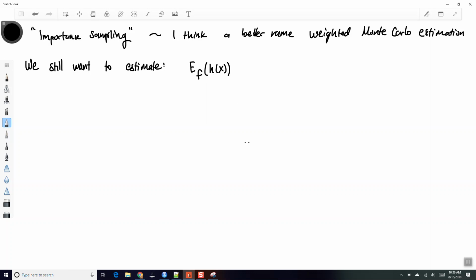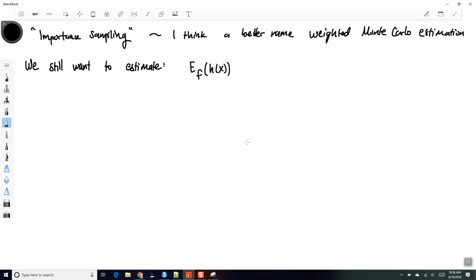So this is still the same task that we want to do. We still want to get this value, the expected value of a function h of x, if it's applied to some random variable defined by the PDF f of x. Okay, so we're doing the same task.